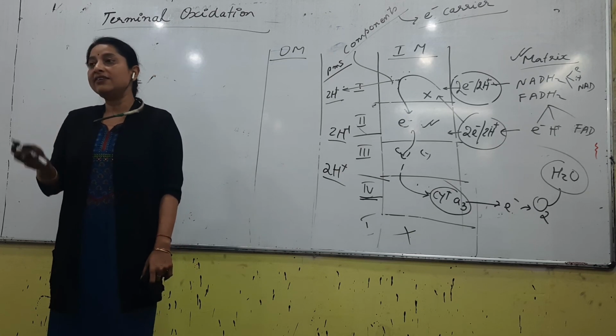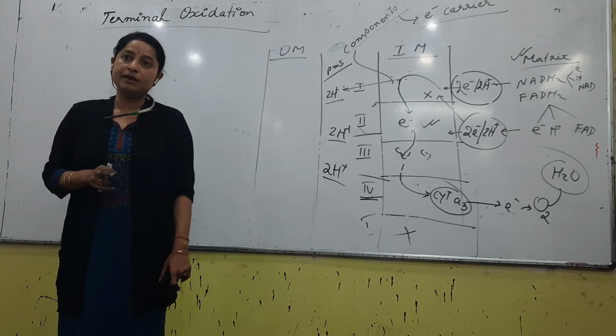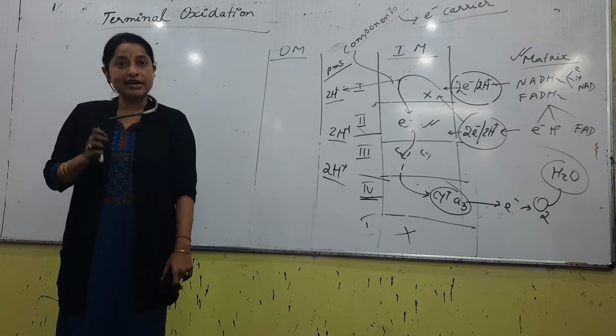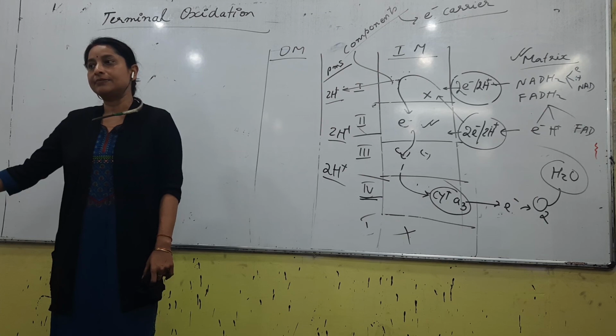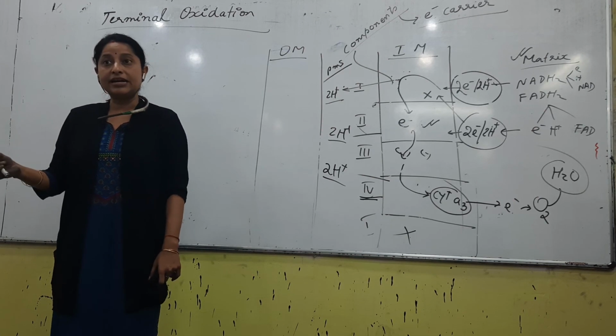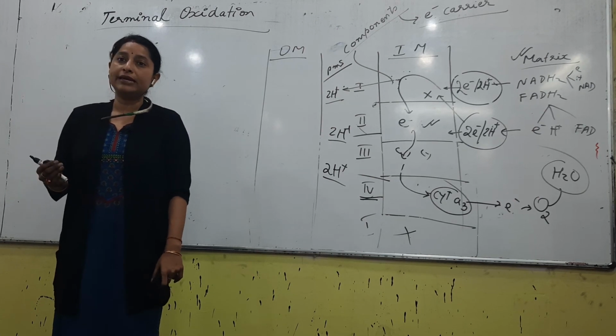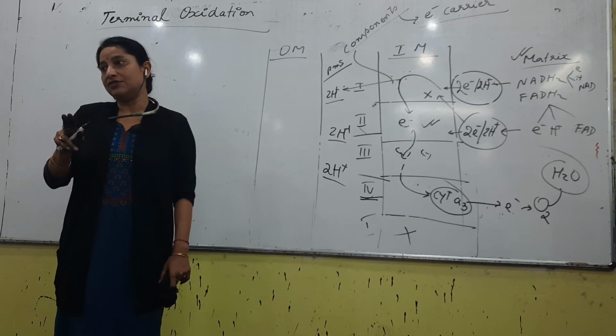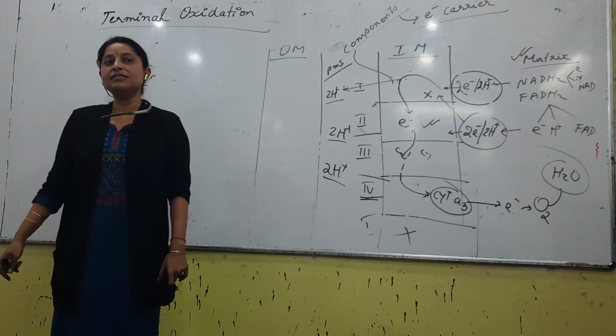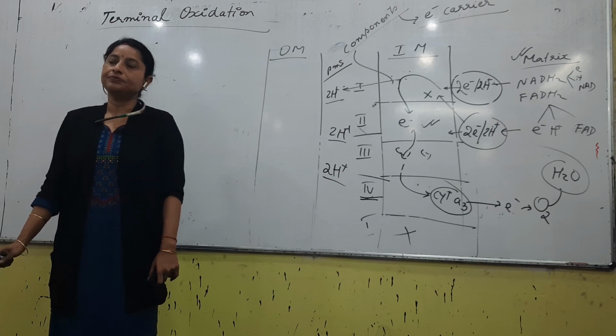Cytochrome A3, where is it present? Inner mitochondrial membrane. What does it do? It transfers the electron from the inner mitochondrial membrane and pushes it to the matrix. Once the electron enters the matrix, someone has to accept it. Who will accept? Oxygen. And oxygen will combine with that electron and ultimately what they will form is water. Right?